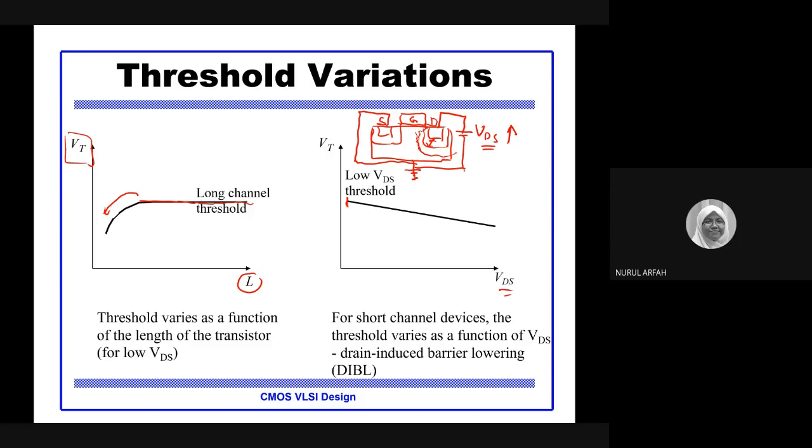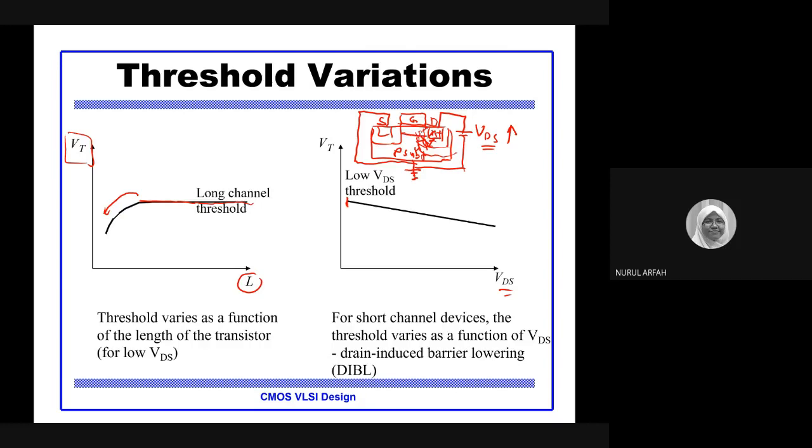Why? Because you know that this is an N well, and this is the P substrate. You have the PN junction here. It will not let the current flow through here, but it will increase the depletion region.